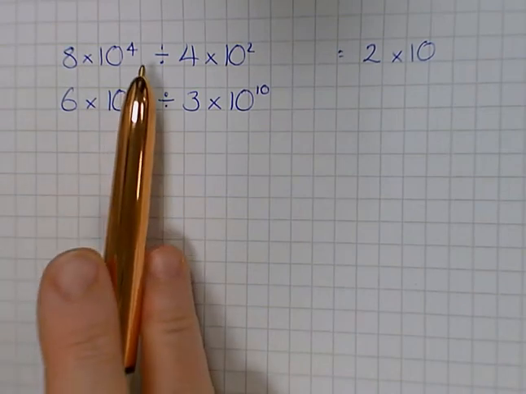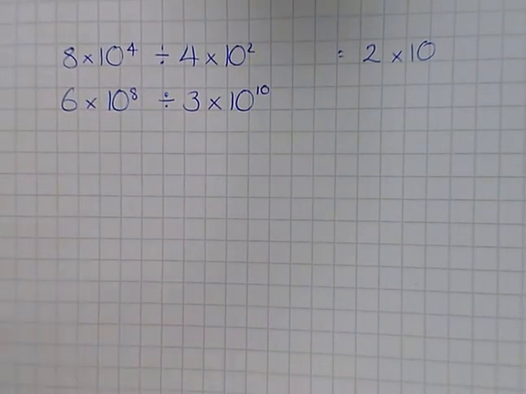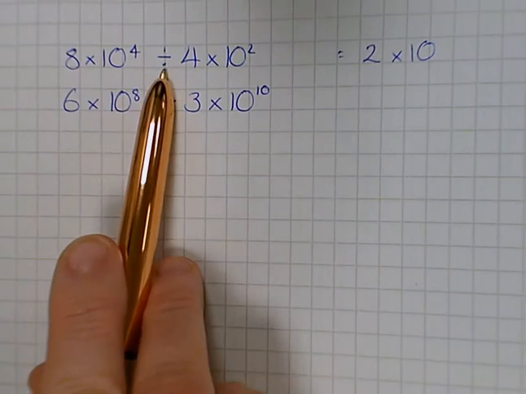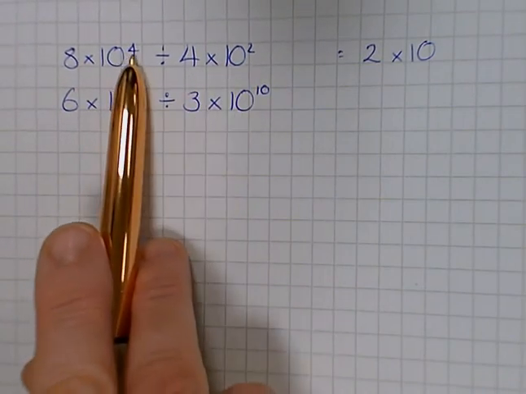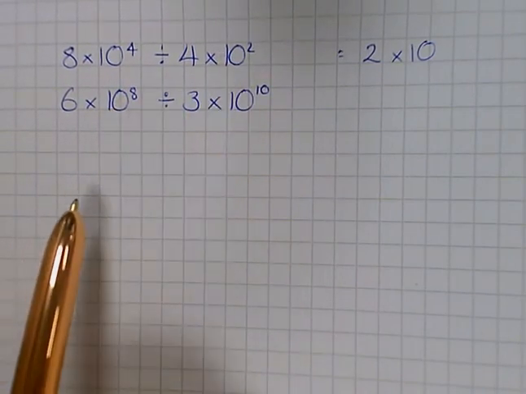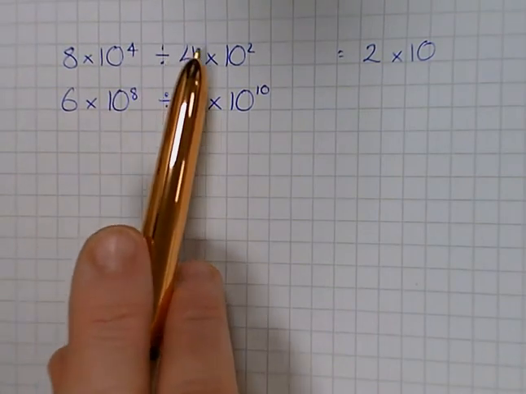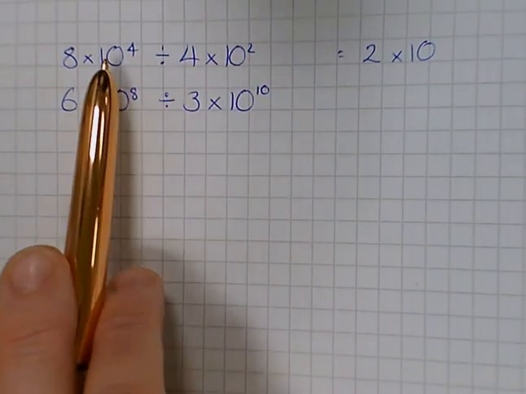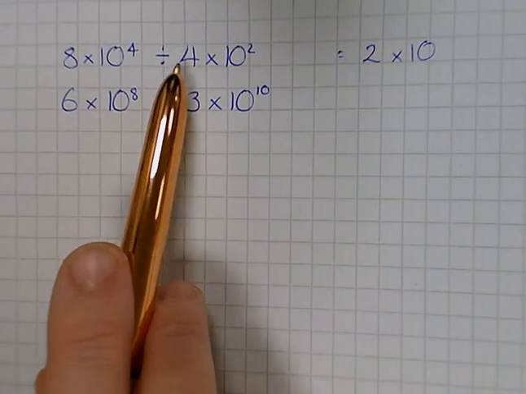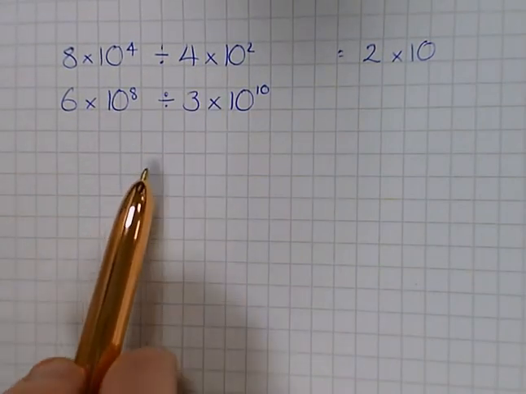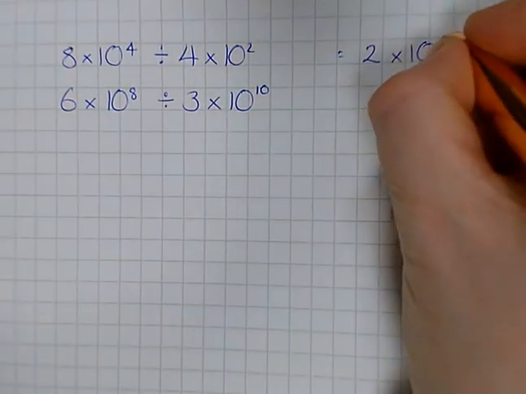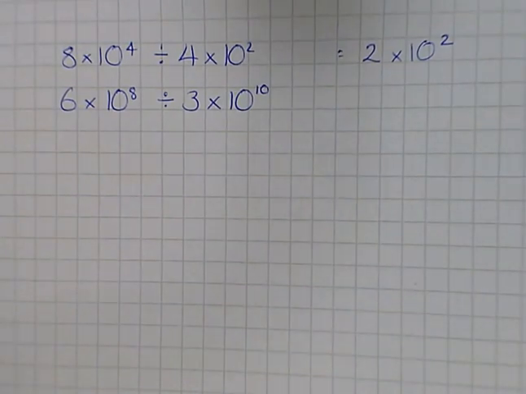And this time, because we're dividing, think back to our index laws, when we're dividing by powers, we subtract the indices. It's going to be the first number subtract the second number, because it's this side divided by this side. So 4 divided by 2 is 2. So my final answer is going to be 2 times 10 to the power of 2.